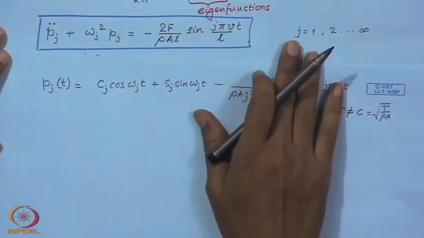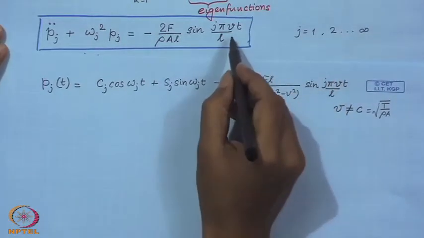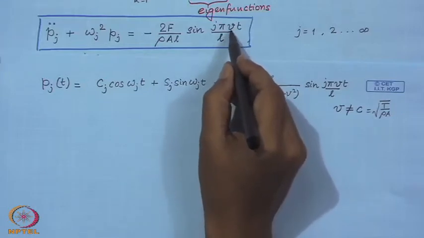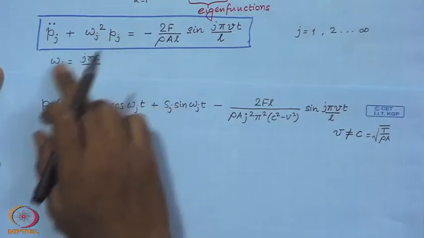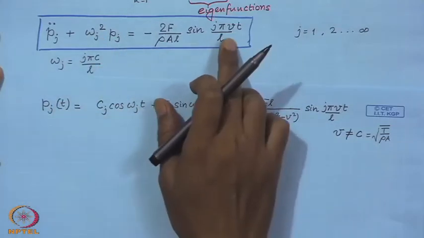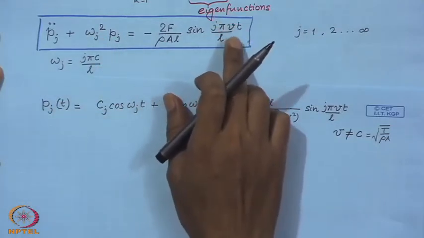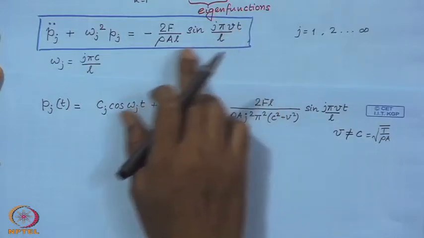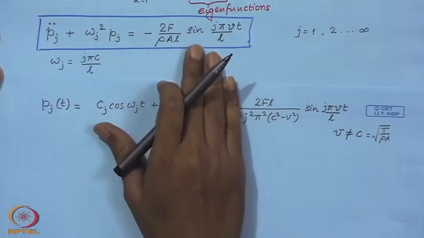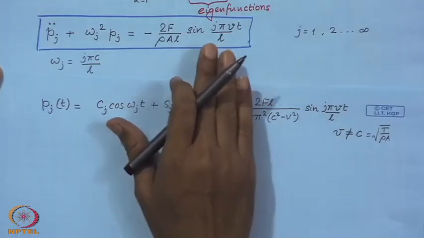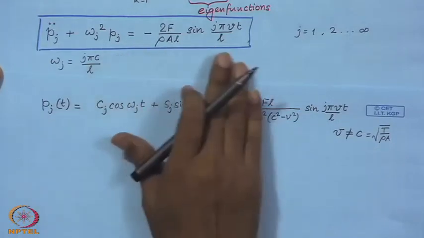When V equals C, and if you look at this omega j, then you will realize that this becomes a resonant forcing of the string in the jth mode and therefore, in all modes.